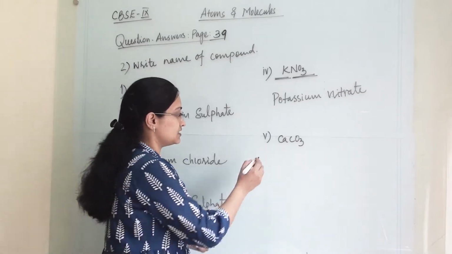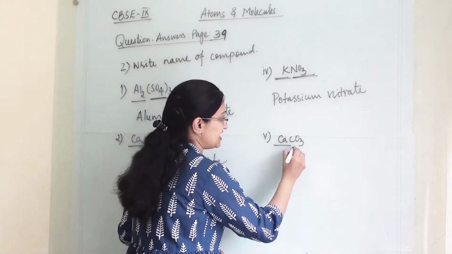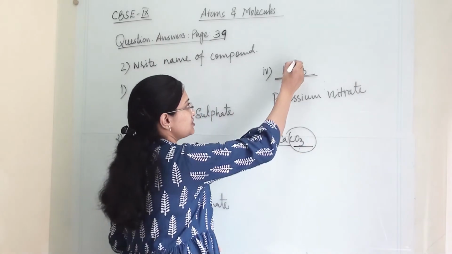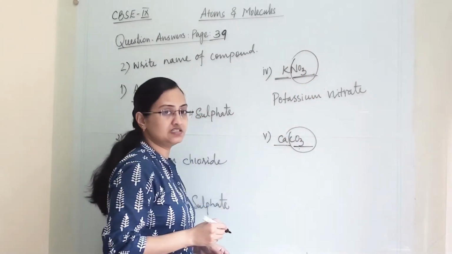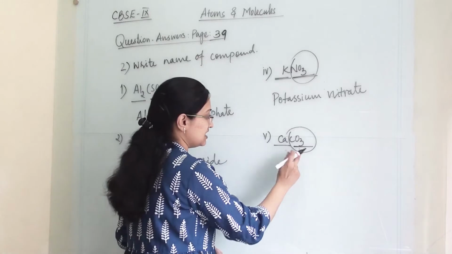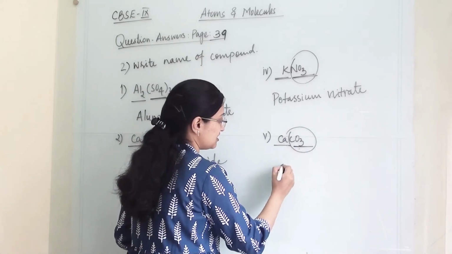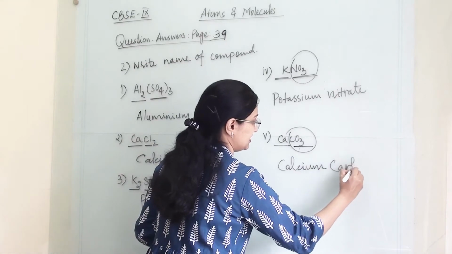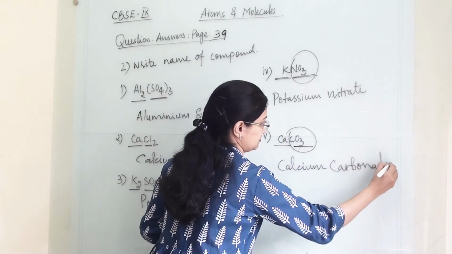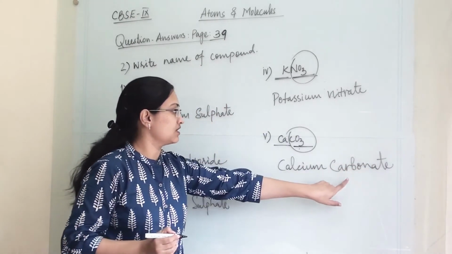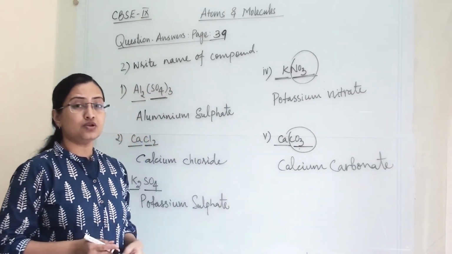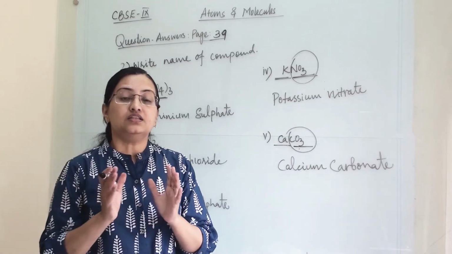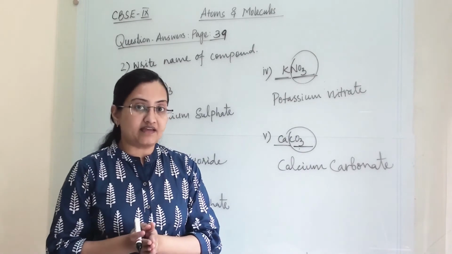Then in this one, calcium is there, and this is again a polyatomic ion, carbonate. The other was nitrate, this is carbonate. So this is calcium carbonate.